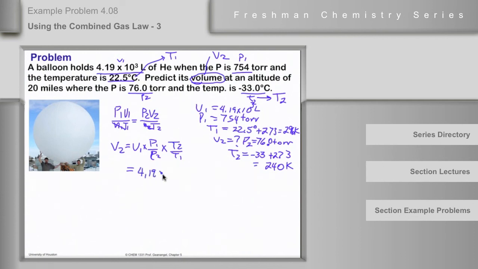4.19 times 10 to the 3 liters, times P1, which is 754 torr, divided by P2, which is 76 torr.